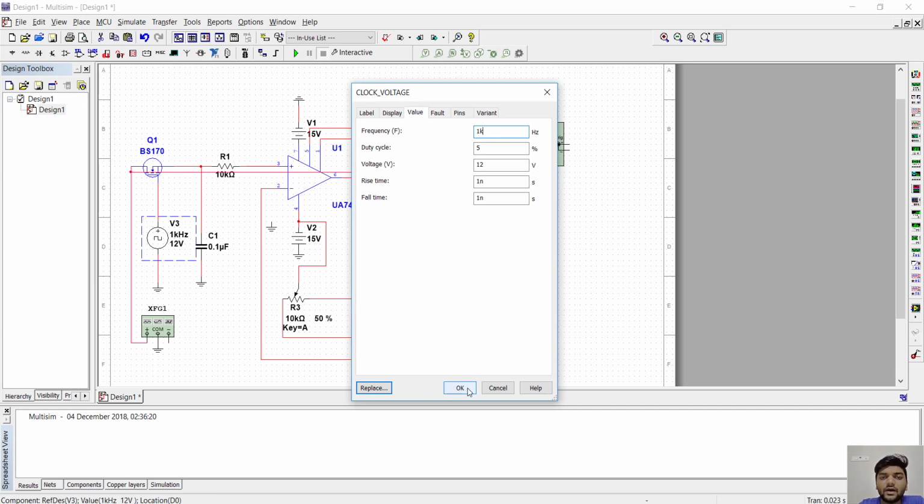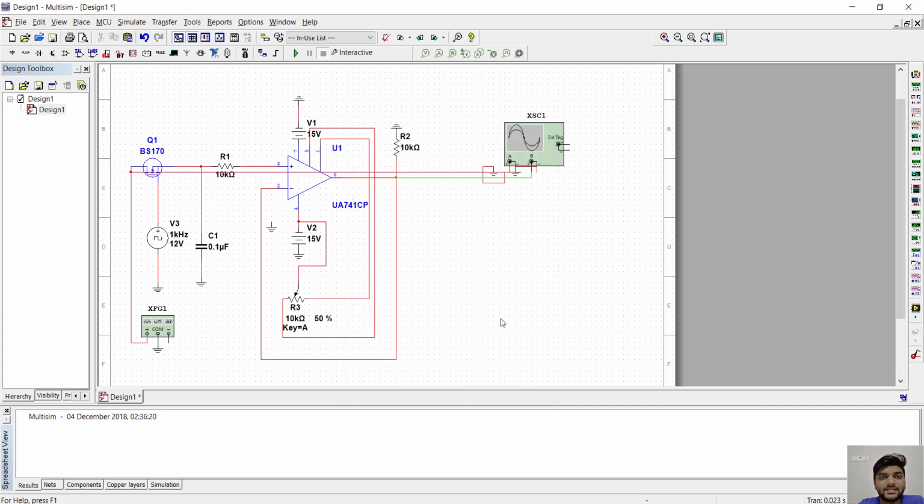That means 1000 Hz upon 100 is 10, so there will be 10 samples being taken in a single cycle. To show you that, let me demonstrate by simulating the circuit.